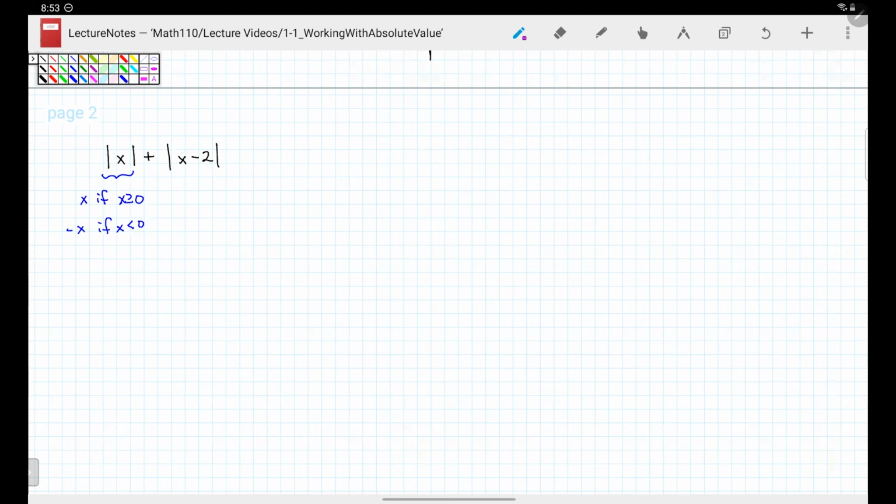And this one here, absolute value of x minus 2, it's going to be x minus 2 if that stuff in the absolute value, x minus 2, is greater than or equal to 0. And it's going to be the opposite of x minus 2 if x minus 2 is negative.